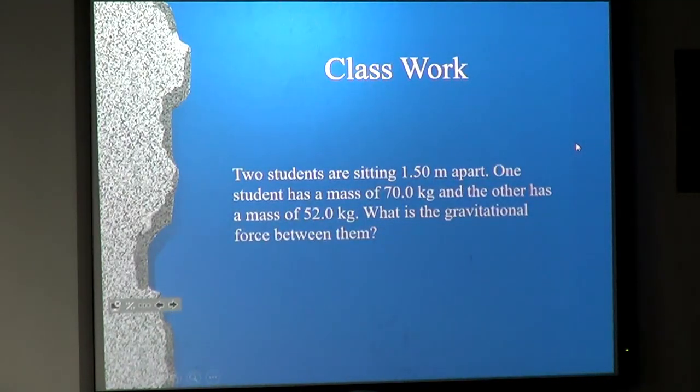Okay, class work. Let's do this together. Two students are sitting 1.50 meters apart. One student has a mass of 70 kilograms and the other has a mass of 52 kilograms. What is the gravitational force between them? Just try to write that down in your notebooks or get the data from the smartboard and perform the math.